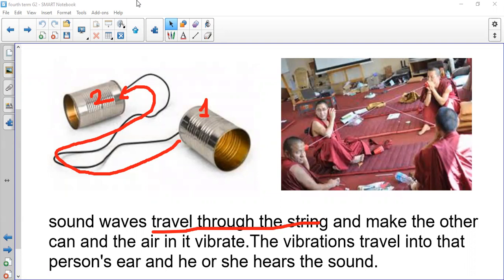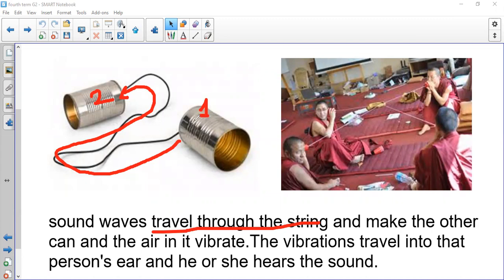Okay, let me ask Esther to tell me about how do we hear sound through cans. Esther? Yes, okay, Esther. Now, are the cans solids or liquid or gas? Solids. Okay, so can you tell me how does the sound travel through these cans?